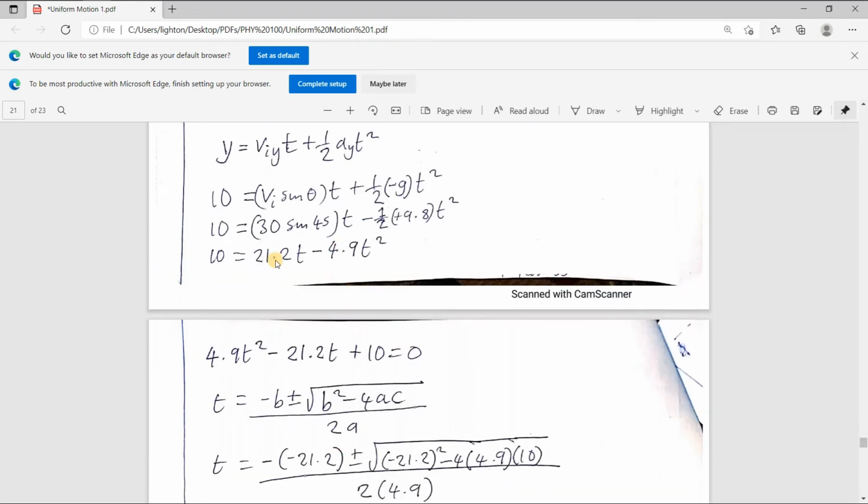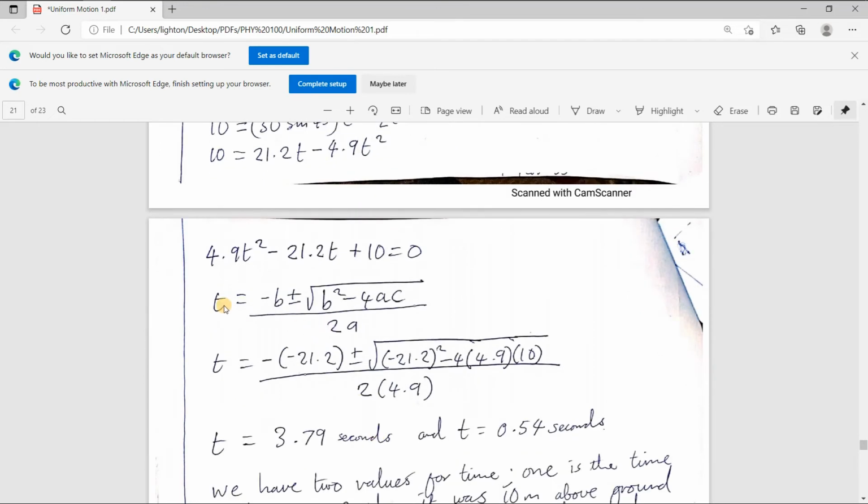Making this cross to the left, this cross to the left, and this being where it is, we're going to have this expression being equal to 0. Now we can solve for this using the quadratic formula, which is negative b plus or minus square root of b squared minus 4ac over 2a.